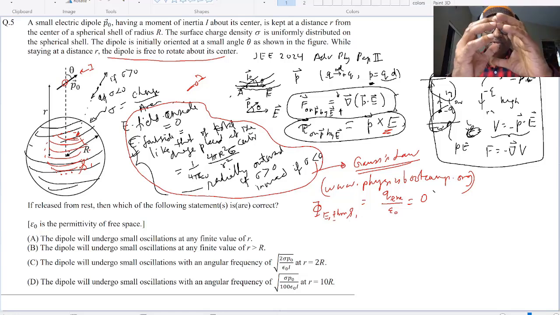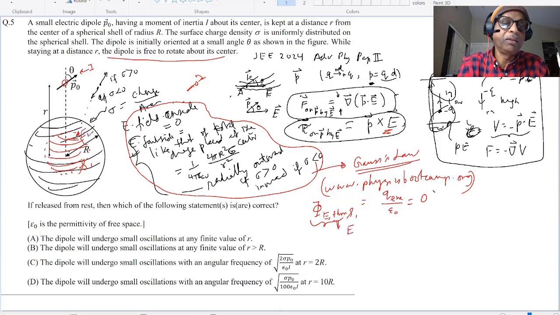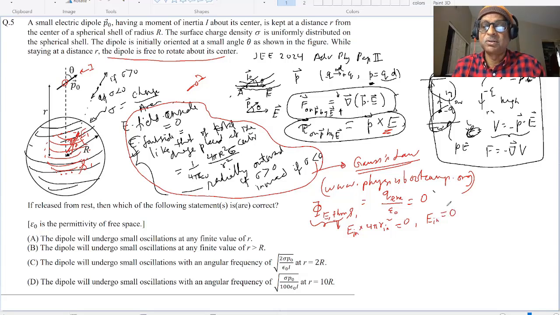With spherical symmetry, this integral becomes E at this point times 4 pi r in square, where this is r in, which equals 0. So E at this inner point, within the spherical shell, is 0.